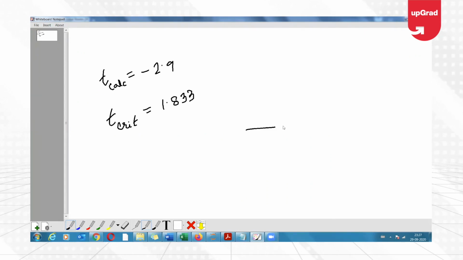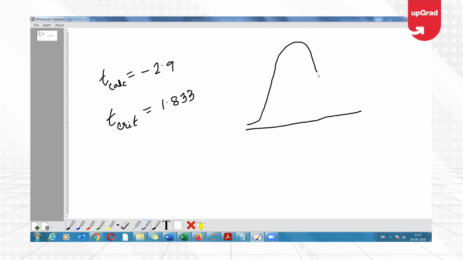If we draw the curve, suppose this is my mean, and this is my threshold.